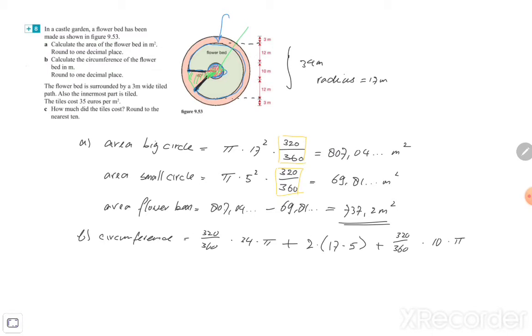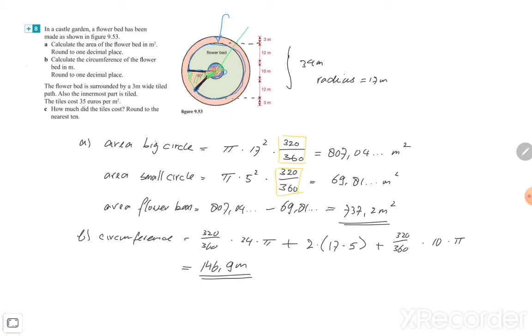So that's your circumference in total. And then the answer is 146.9 meters, because it is a circumference and we need to round to one decimal place. So that was exercise B.